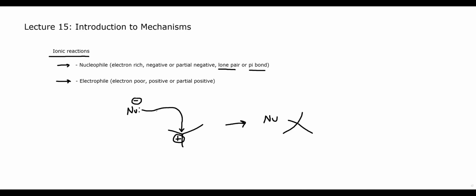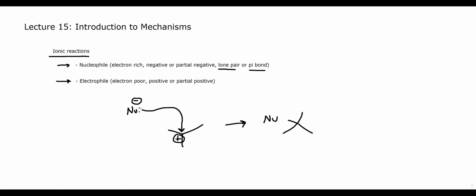Now, notice here this curved arrow. We talked a little bit about curved arrows. Curved arrows are showing the movement of electrons, right? The movement of a pair of electrons if we have this double-headed arrow on it. So the arrow is starting at the nucleophile because that's where the lone pair is. And we're showing that that lone pair is attacking that electrophile, that positive carbon, and making a bond to that empty p orbital.